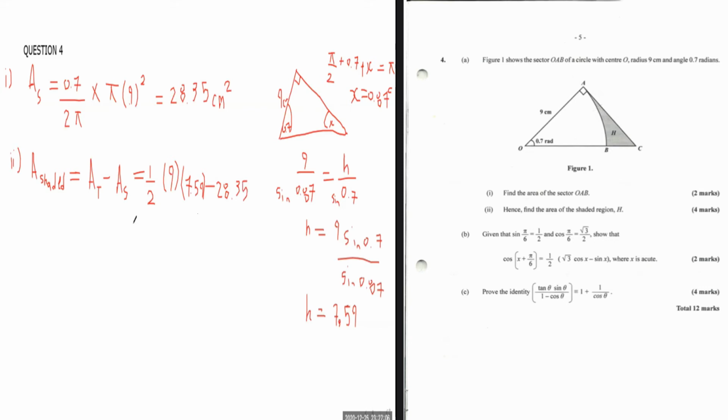And so now we'll put all of this in our calculator to get the area shaded. So a half of 9 times 7.59 minus 28.35, and I get 5.81. This works out to be 5.81 centimeters squared. That's the area shaded. Nice and easy.